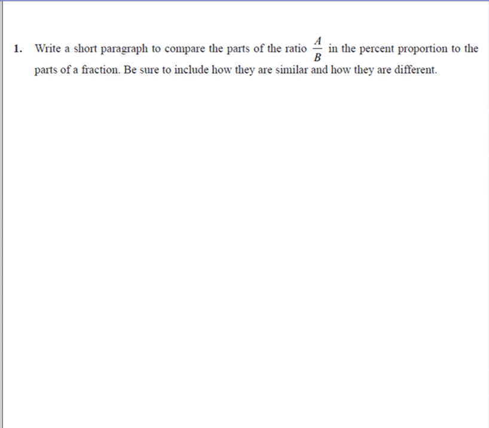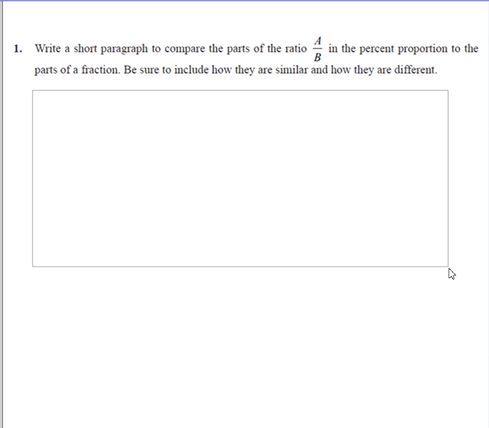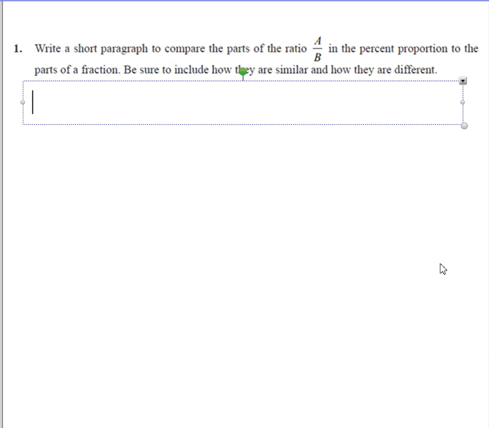For the proportion A over B, the amount over the base, let's take a look at what those numbers represent. As we can see, A is the numerator, or the top of the fraction, and that number represents the part of the whole.